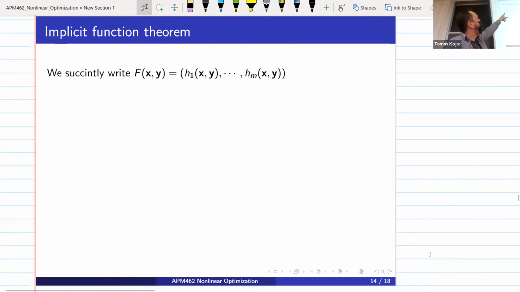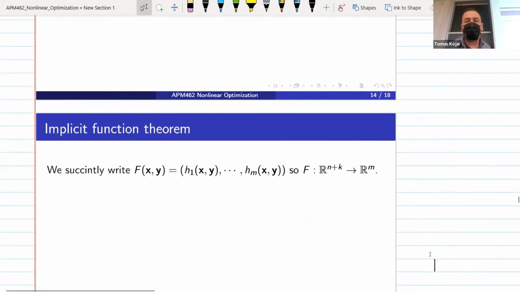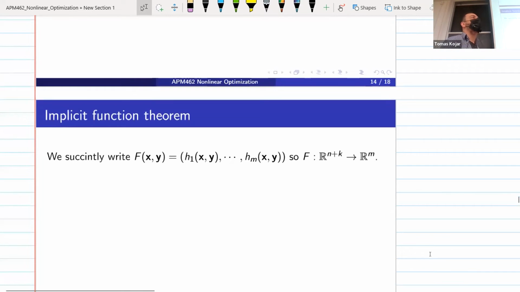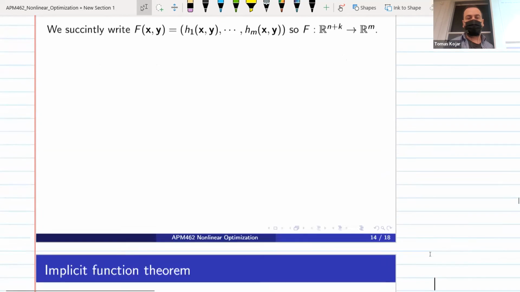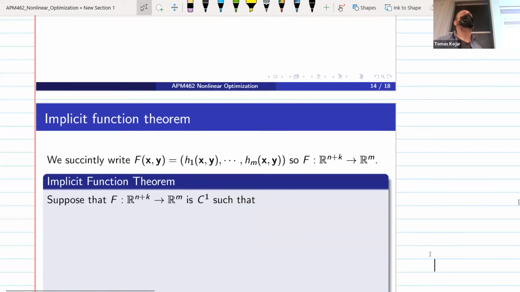So you will always see this notation going back to second year. This is a function from R^(n+k) to R^m. Now you're going to get the Jacobian matrix. And here's the implicit function theorem.